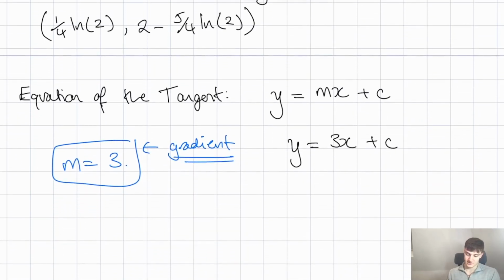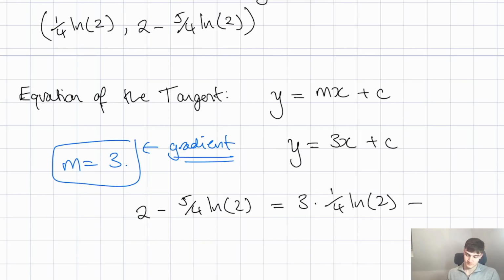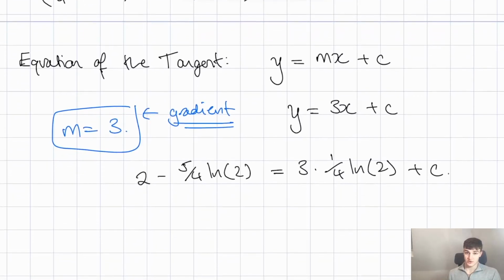So we can now say that when x is 1/4 ln 2, y is 2 minus 5/4 ln 2. That's equal to 3 lots of the x value plus c. So to work out what c is, we just need to put this stuff over to this side.